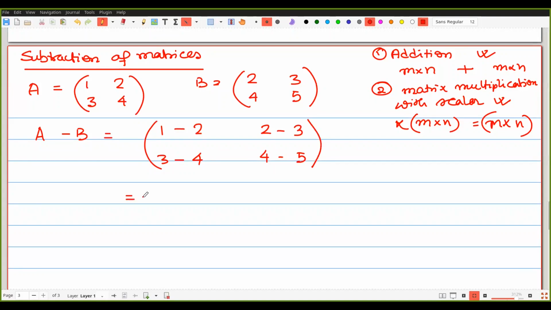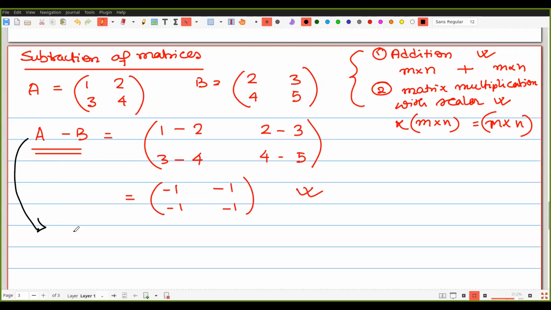So whatever we get, minus 1, minus 1, minus 1, minus 1, is very much true. The answer is also perfect. But whatever you have done here, A minus B, is practically not a single operation. That is the combination of addition and matrix multiplication with the scalar.